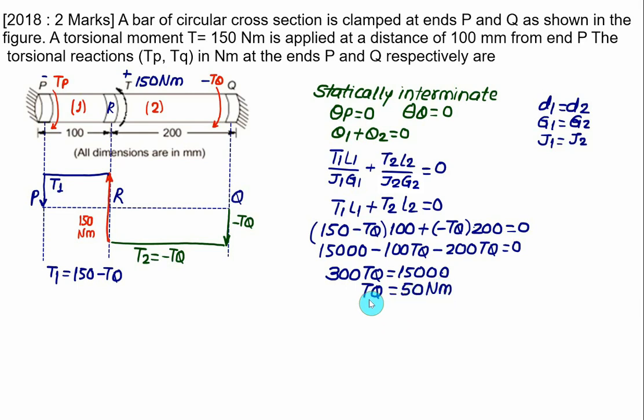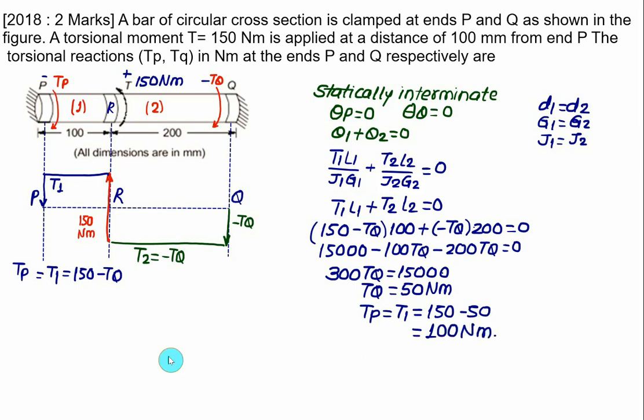We got the value of Tq, so we can calculate the value of T1. And remember, T1 is the same as the Tp value also. So Tp is equal to T1, which is equal to 150 minus 50, that is equal to 100 Newton meter.